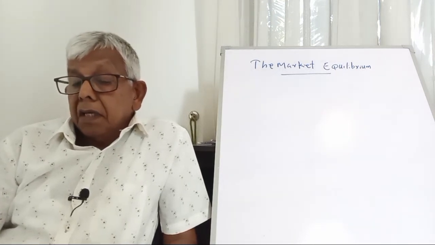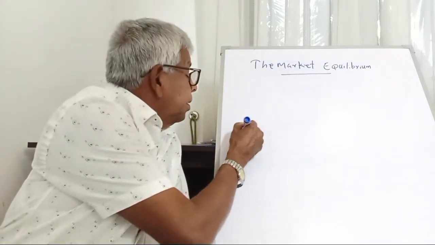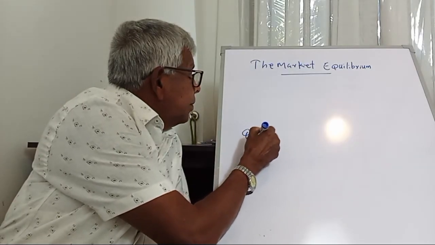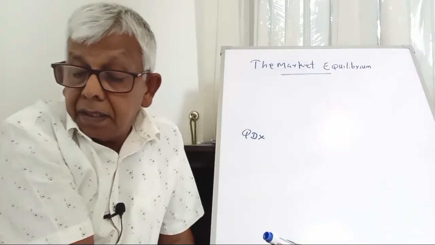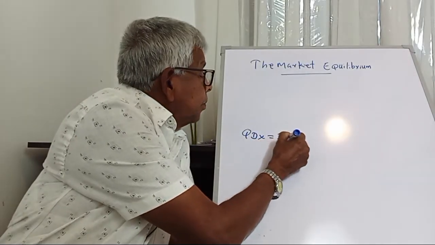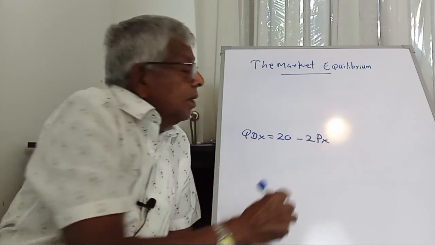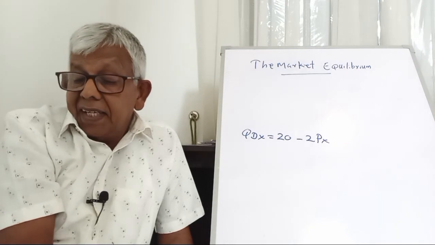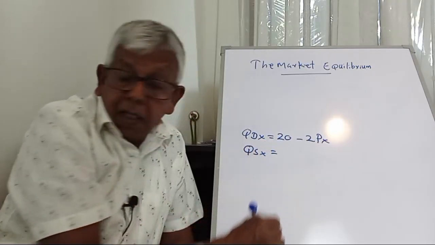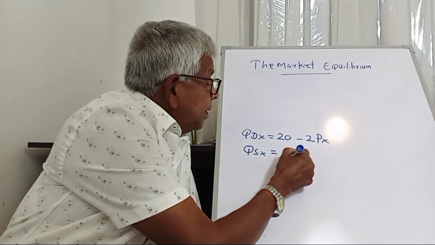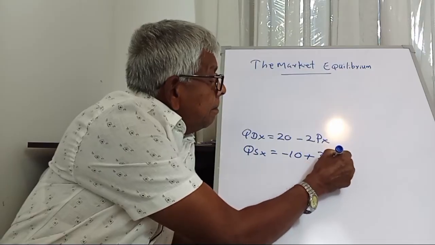Take our original demand and supply equations. Qdx equals 20 minus 2Px, and Qsx equals minus 10 plus 3Px.